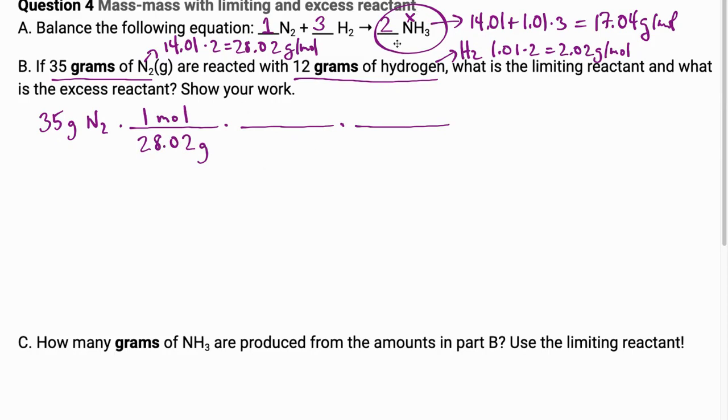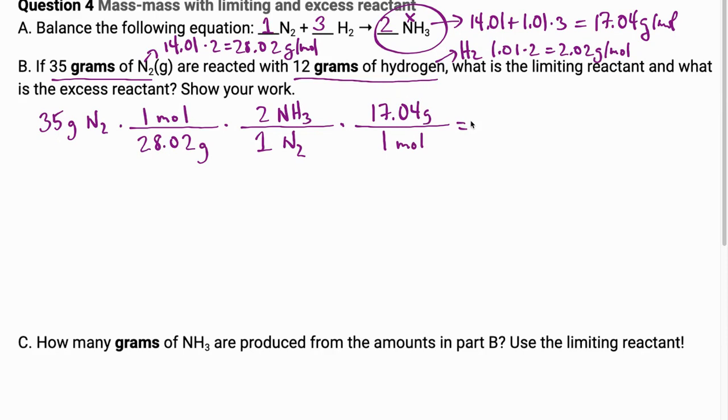I am going to NH3, so I need that amount on top for my mole ratio. The ratio is 2, and we are starting from N2, so 2 to 1. Finally, we need to change to grams of NH3 using the molar mass of NH3, which is 17.04. So that goes on top and 1 mole on the bottom.